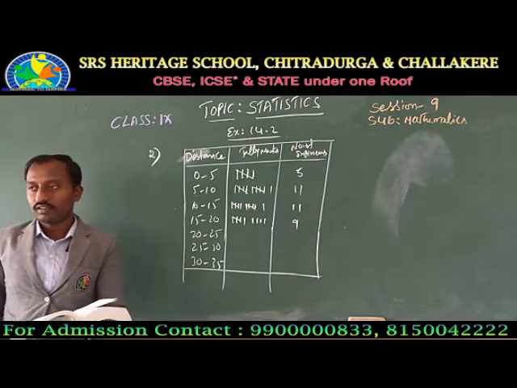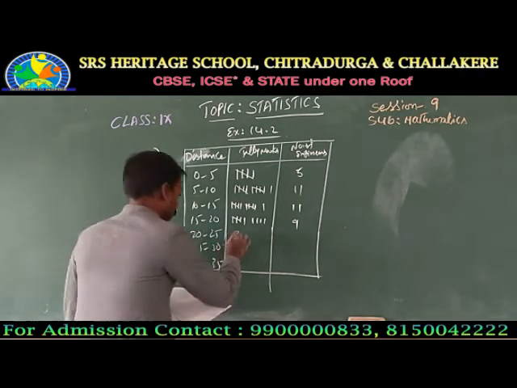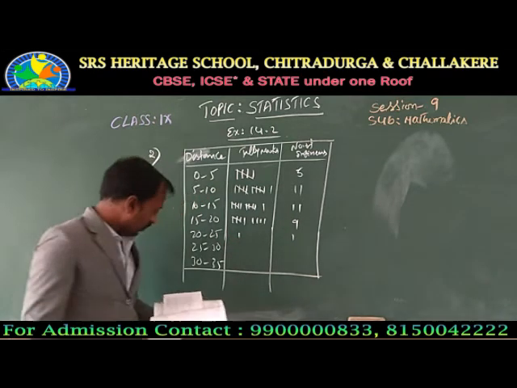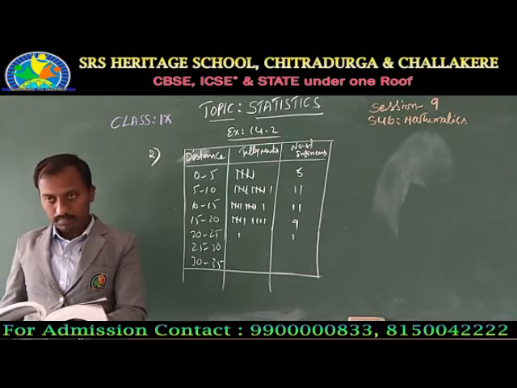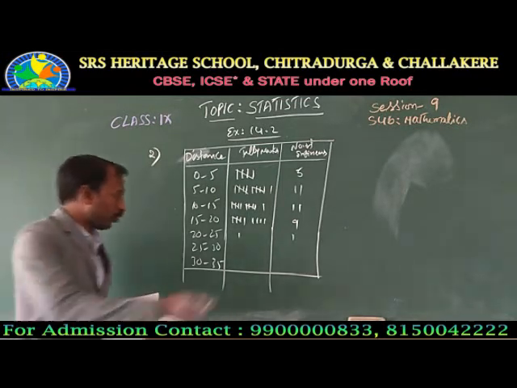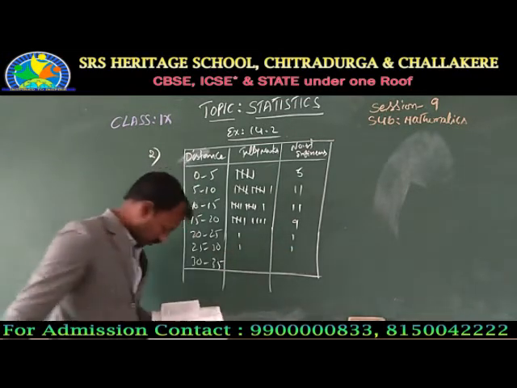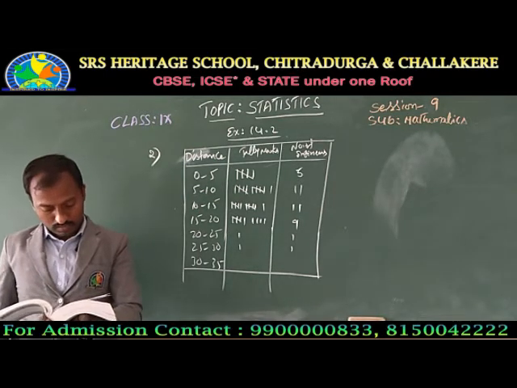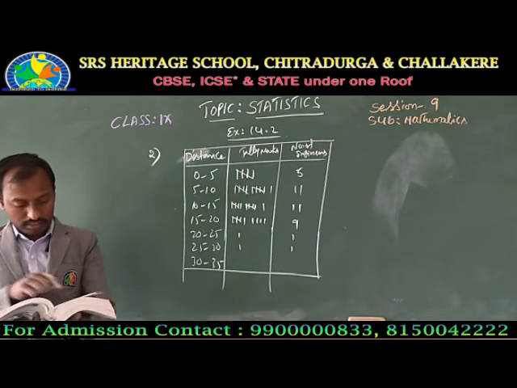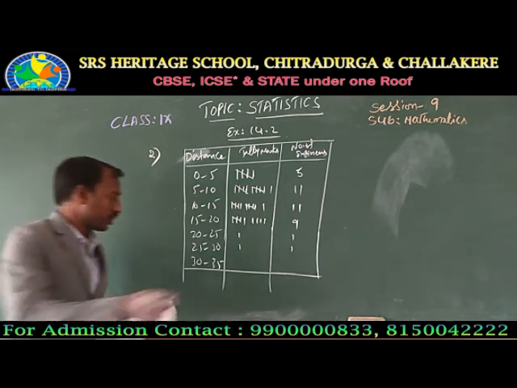There is only 1 engineer. 25 to 30 also only 1. 30 to 35. Look at this, 30 to 35: 32 is there and 31 also there. So there are 2.